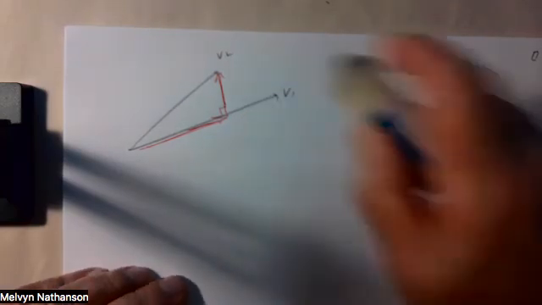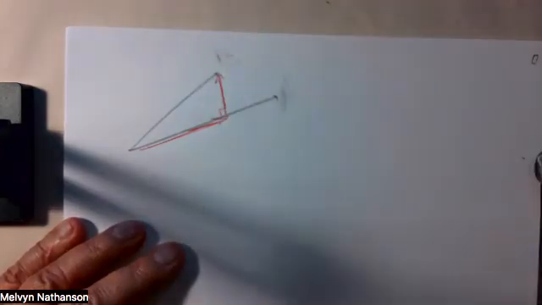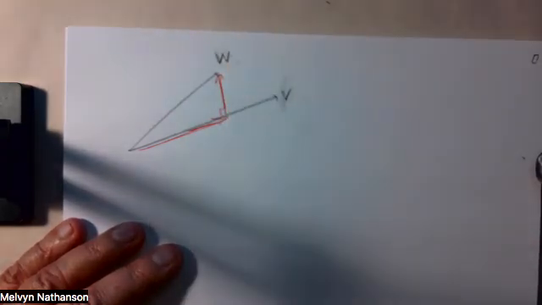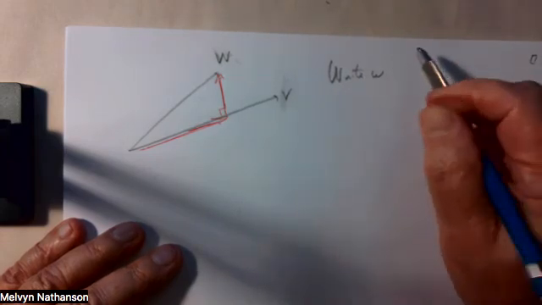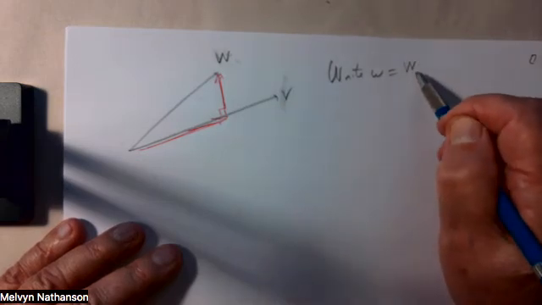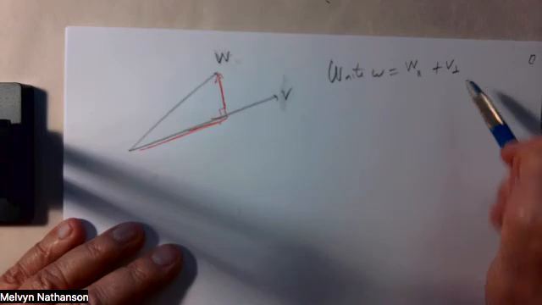Maybe instead of v1 and v2, I'll call this vector v, and I'll call this vector w. And I want to write the vector w as a vector which is parallel to v plus a vector which is perpendicular to v.